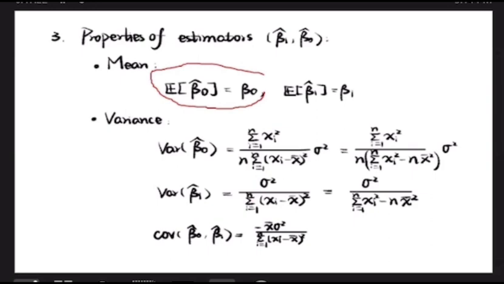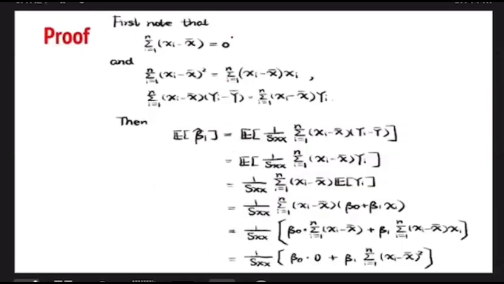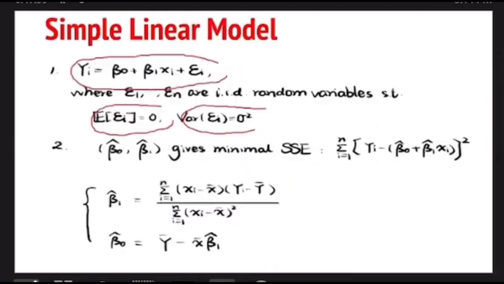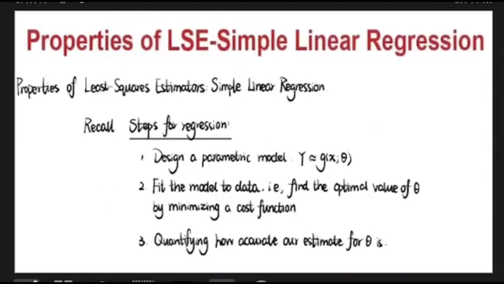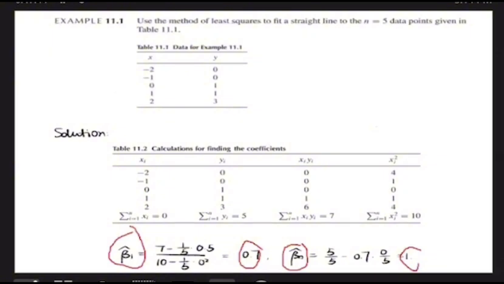And for me to show that, I first need to tell you that the sum of deviations equals 0 without square. If you have x and you find the mean of x, and you subtract the mean from each value and add them up, it's going to be 0 all the time.